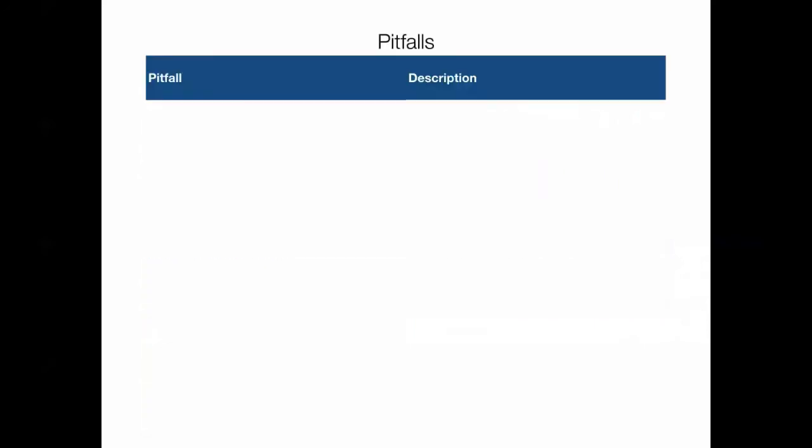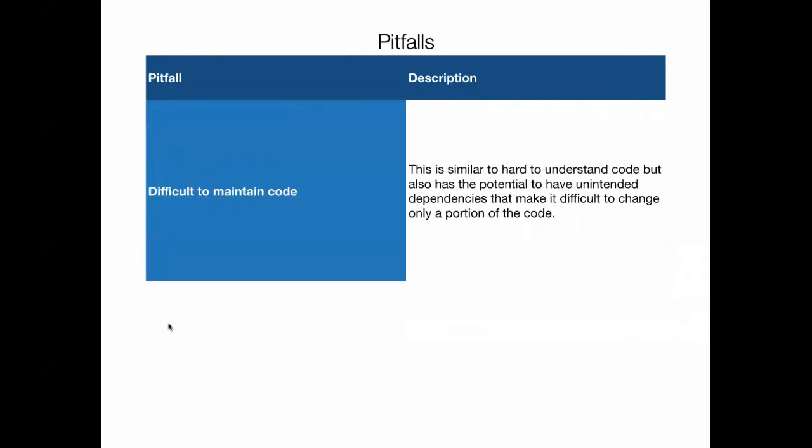And then the next ones are more after the fact. These things happen if we want to expand on a code or revisit it later on. One problem with not having at least a design is that the code becomes difficult to maintain. It's similar in spirit to hard to understand code, but the core difference here is that since it's a completed code already and you didn't plan it out properly, the tendency is that there are unintended dependencies, especially if your solution involves breaking down into multiple parts.